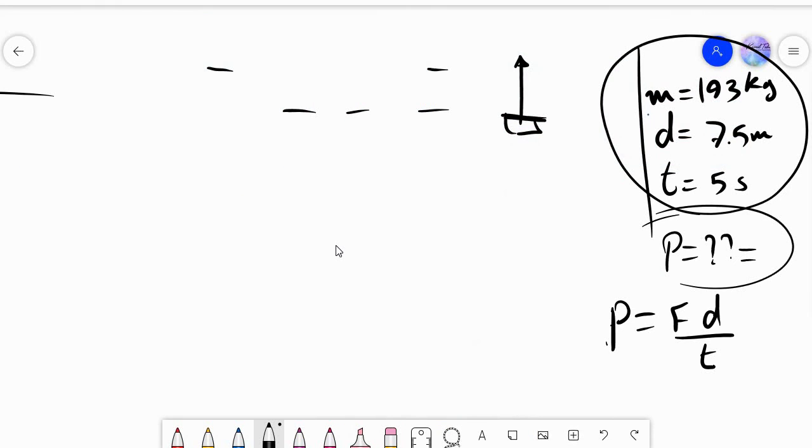Okay, in this case, the formula is P equals F D divided by T. But what is F? In this case it will equal the weight.